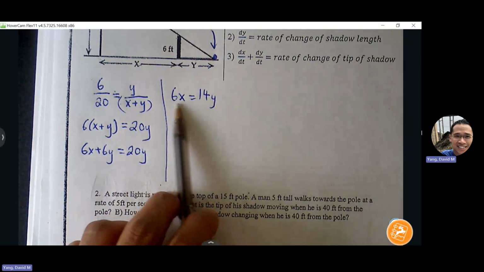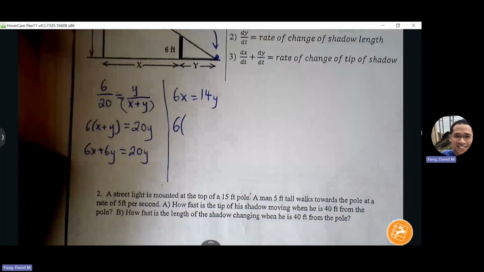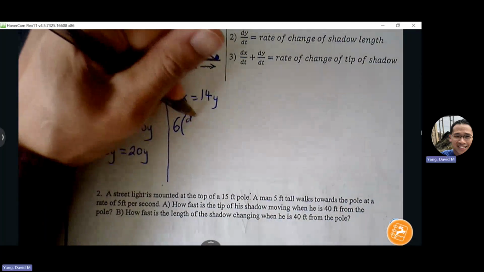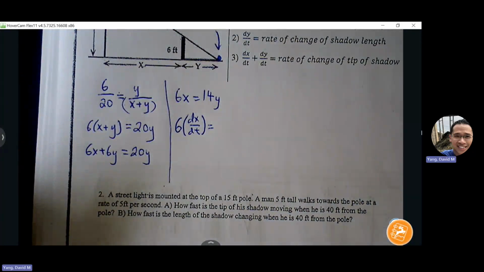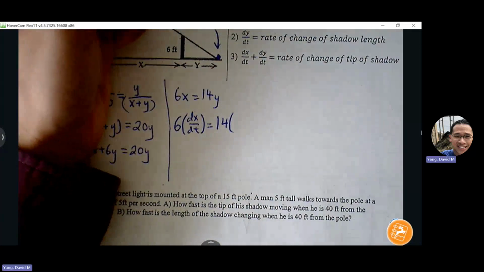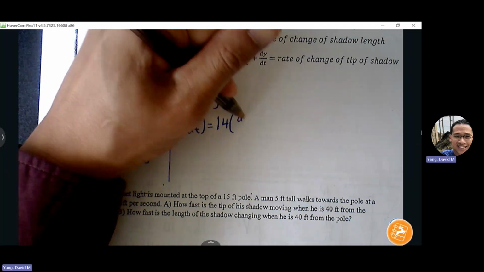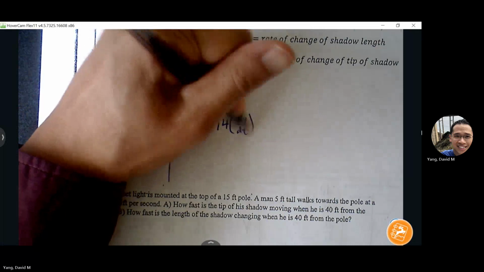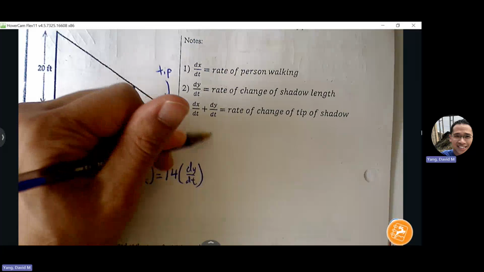So what's the derivative of 6x? 6, but what remains? dx/dt. 14y becomes 14 times dy/dt. Right. So we have an easy equation to work with.